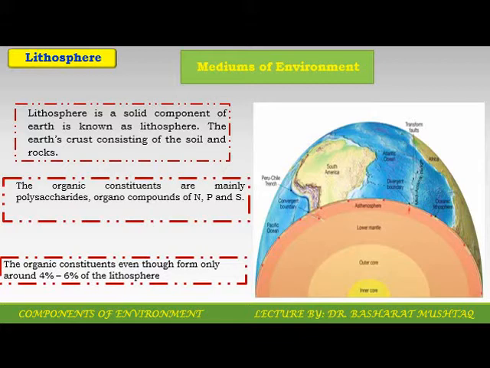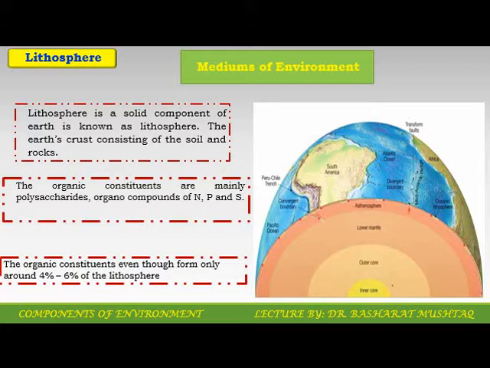Soil forms by weathering of rocks as rocks break down into smaller fragments. Sand, silt, and clay are different textures of soil particles, and these particles together constitute the mineral portions of the soil.